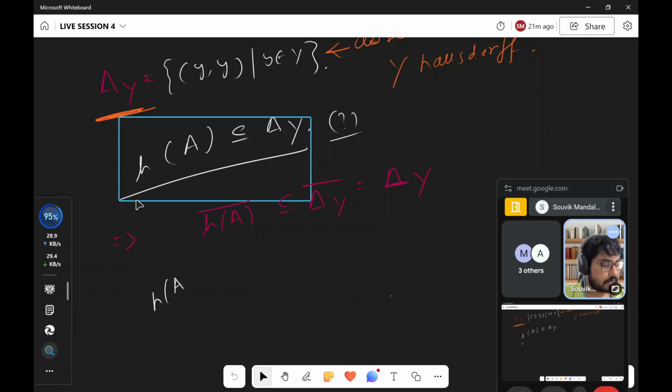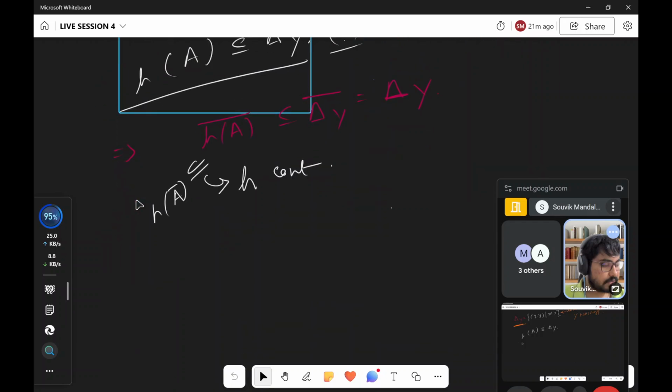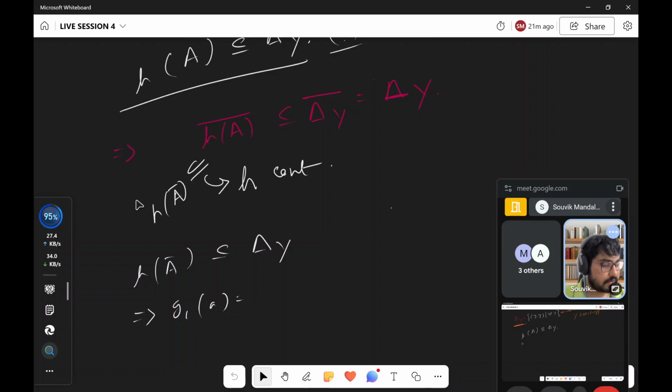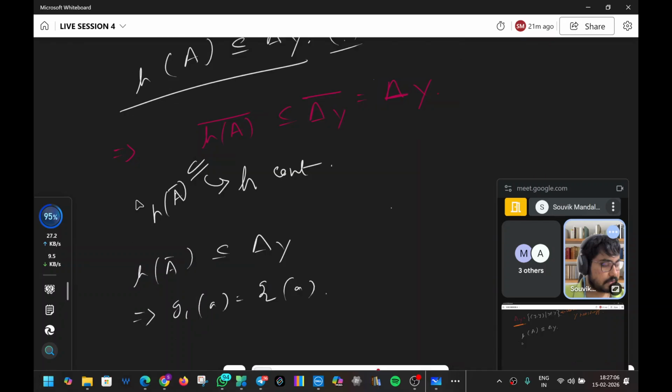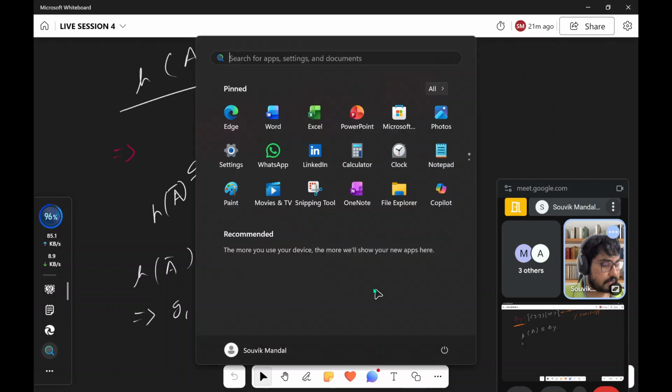So h of A closure is a subset of delta of Y. This means G1 equals G2 on A closure. So that is the argument here.